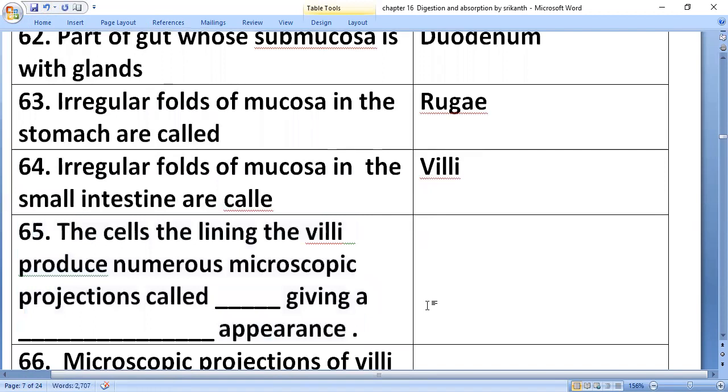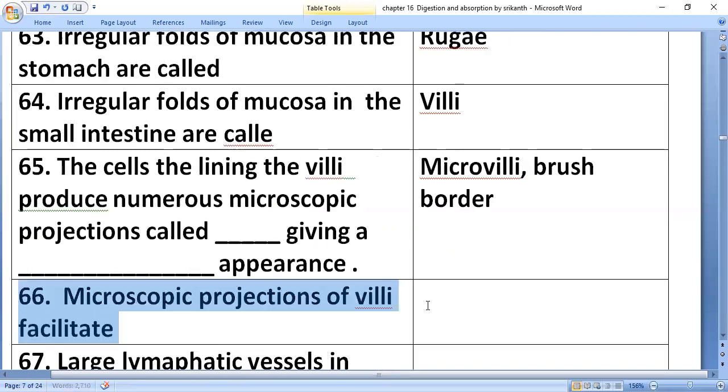Cells of the lining of the villi produce numerous microscopic projections called microvilli, giving a brush border appearance. Microscopic projections of villi facilitate increased surface area.